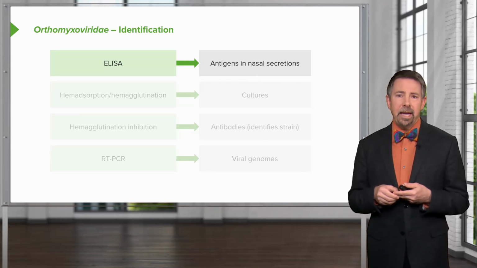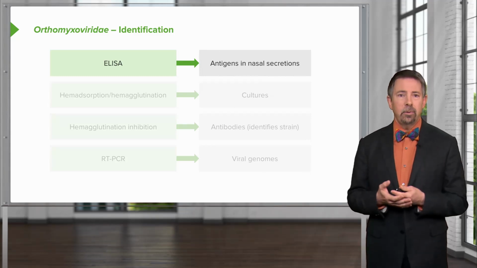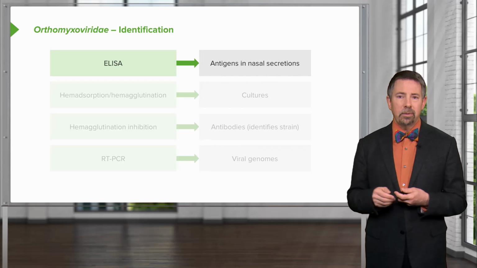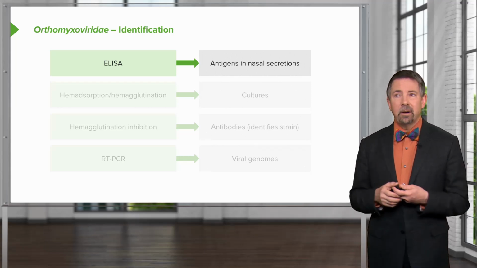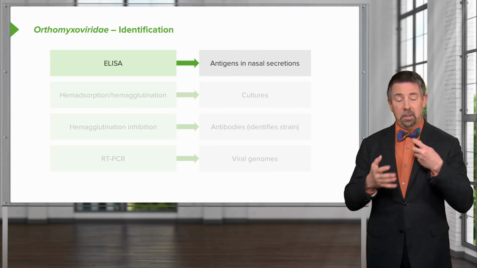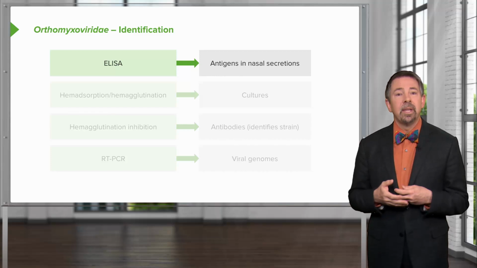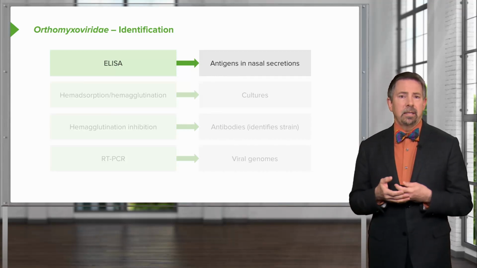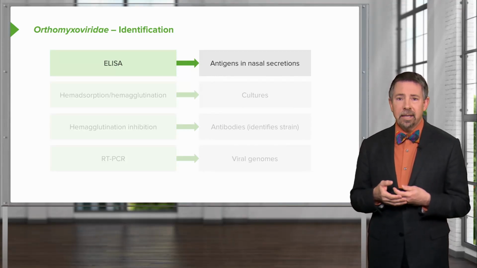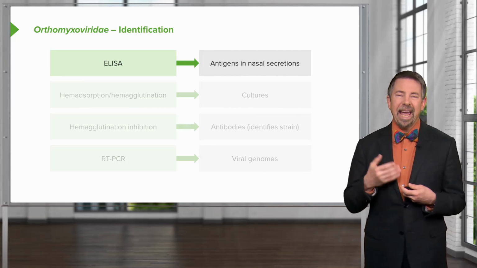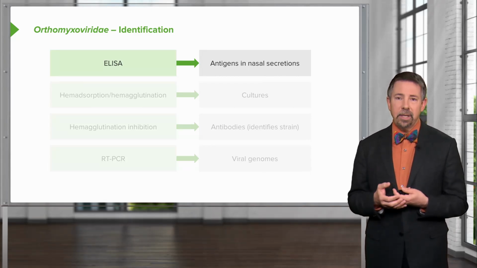Now, identification. We have multiple different ways to look for influenza, depending on what the target of our sample is, as well as the type of testing that we want to investigate. Starting with the ELISA, the enzyme-linked immunosorbent assay, this is able to detect antigens expressed in nasal secretions.